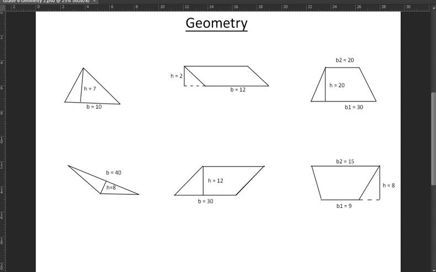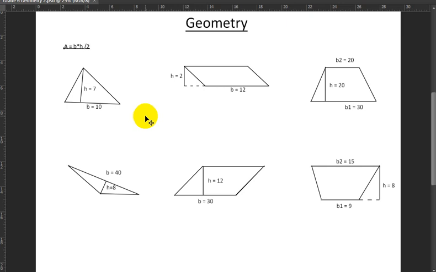So, in case you don't remember, I am going to write the formulas that we use to find the area for each shape. So here we have the triangles, here we have the parallelograms, and here we have the trapezoids. For the triangles, the area is equal to the product of the base and the height divided by 2.